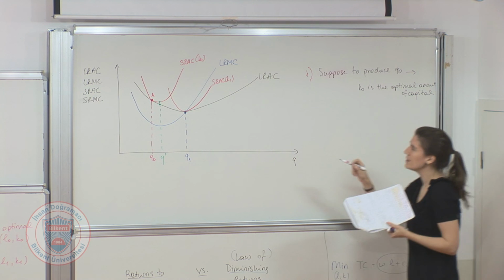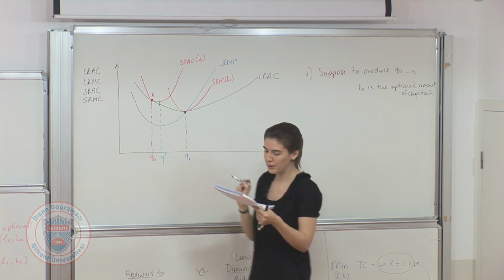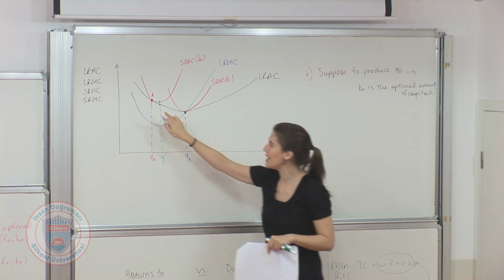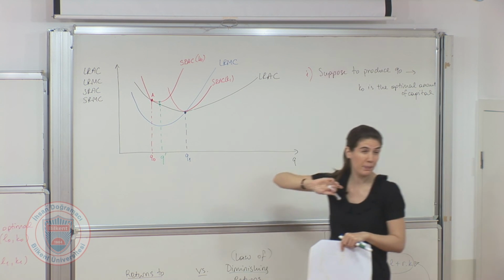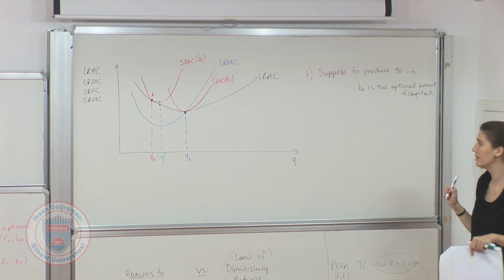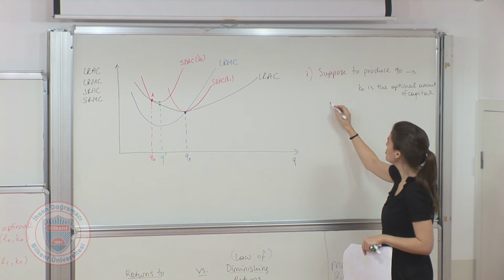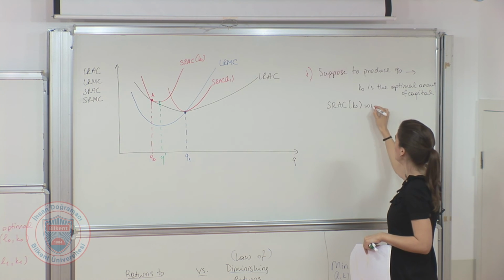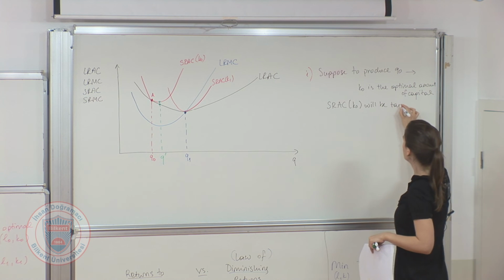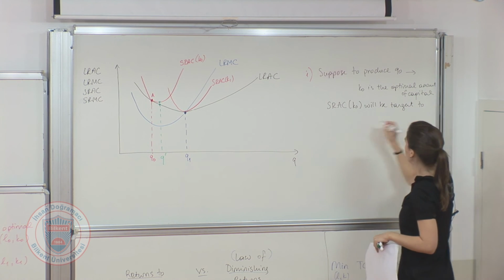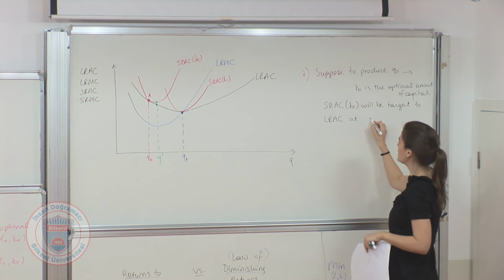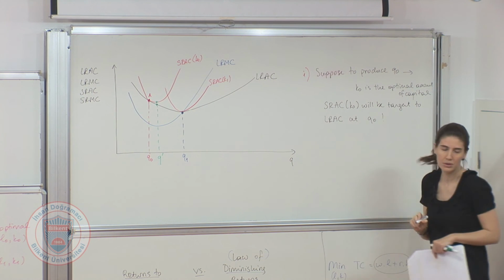So then this is the short run average cost curve that we draw, okay? But we said that it's going to be tangent to this guy at this point because there is increasing returns to scale, okay? So the short run average cost curve for K0 will be tangent to the long run average cost curve at Q0. That we know, right?